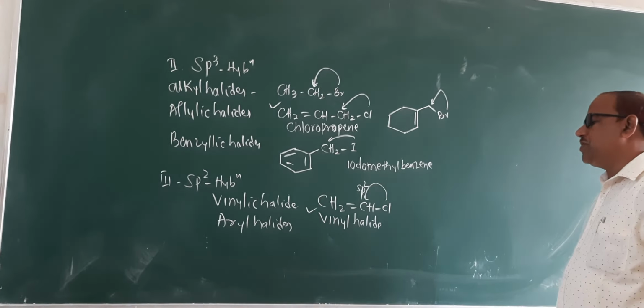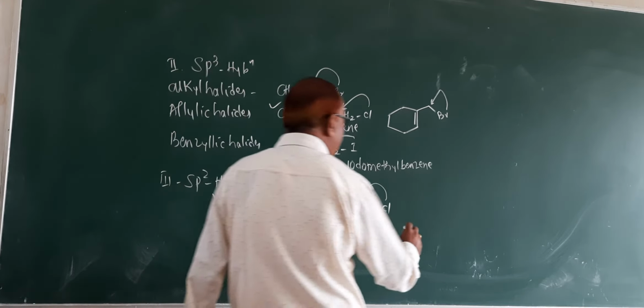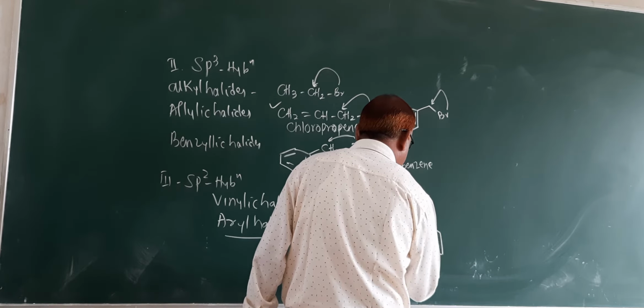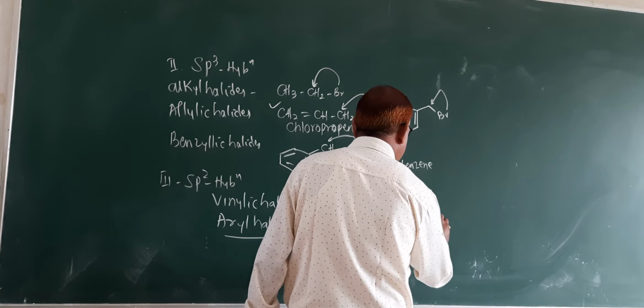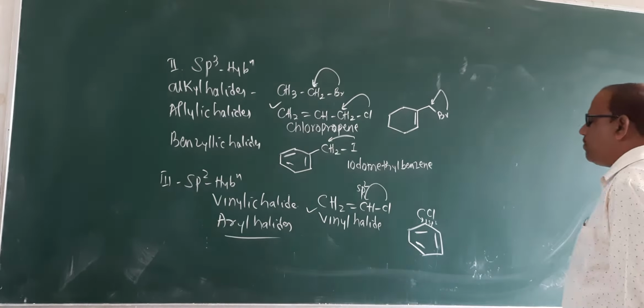Aryl halides you studied already. They are aromatic halogenated compounds in which the halogen is attached directly to the nucleus of benzene. Directly to the nucleus of benzene means the benzene carbon undergoes sp2 hybridization.